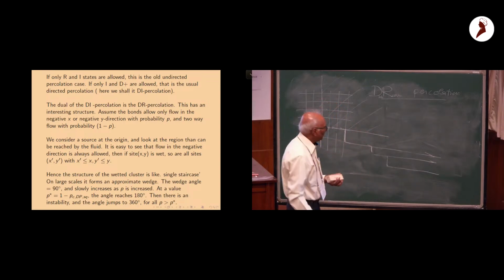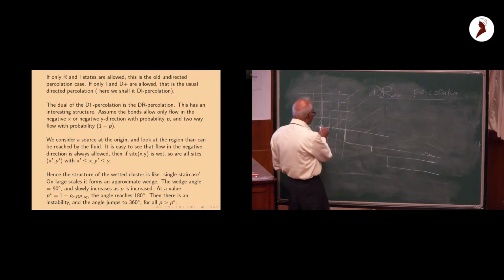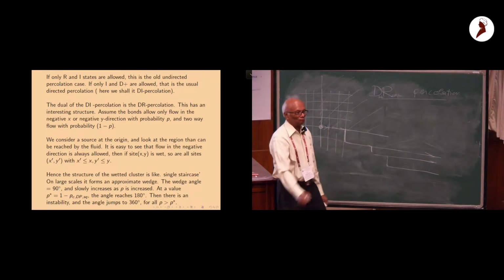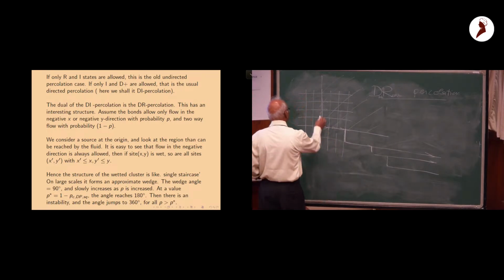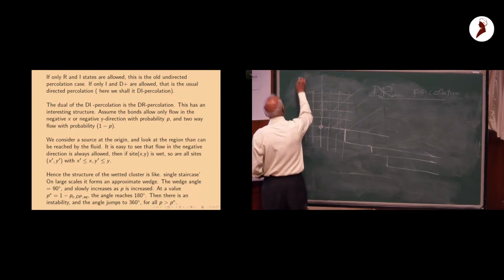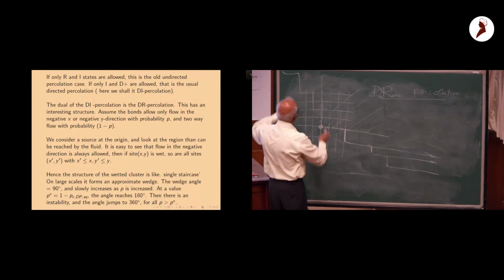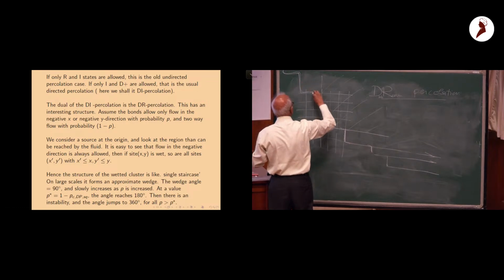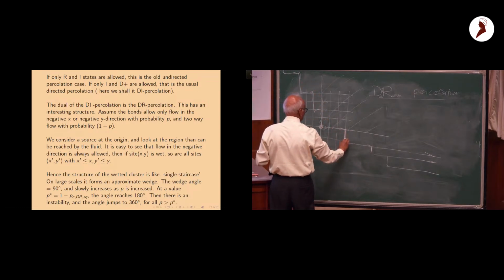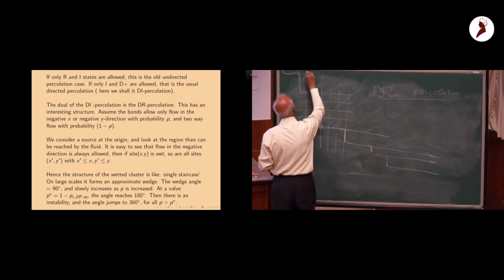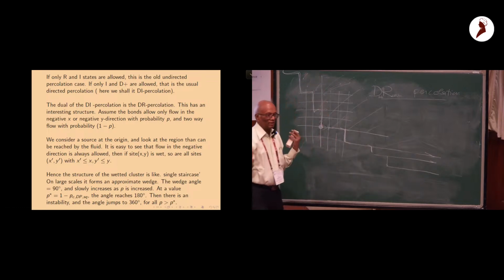So the statement is that if you look at the wetted cluster formed by a single point source, it will have a staircase structure. There will be a line like this, such that things on one side are wet and the things on the other side are dry.